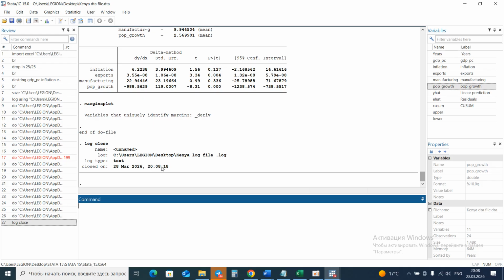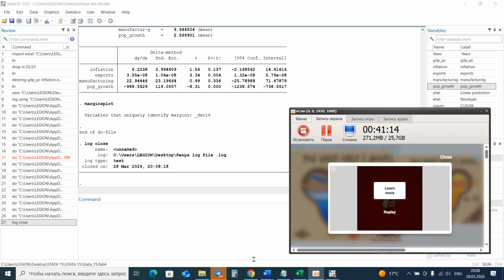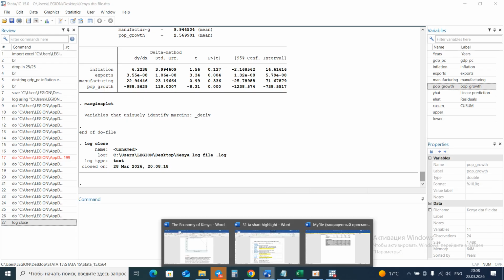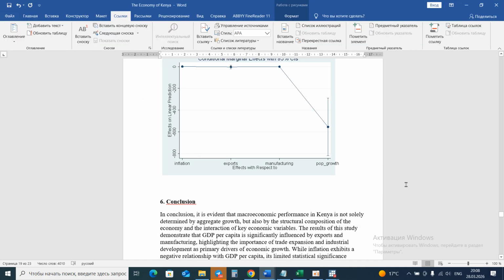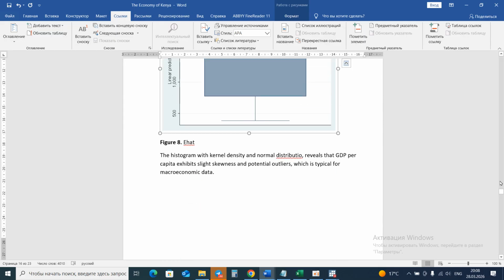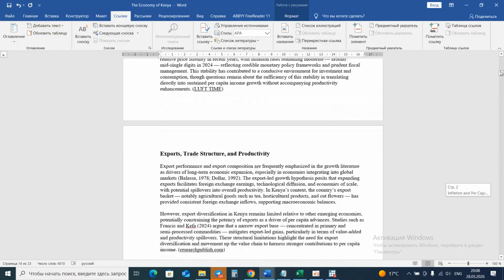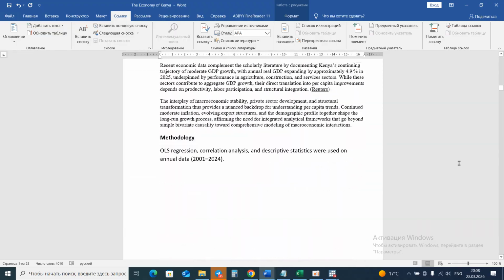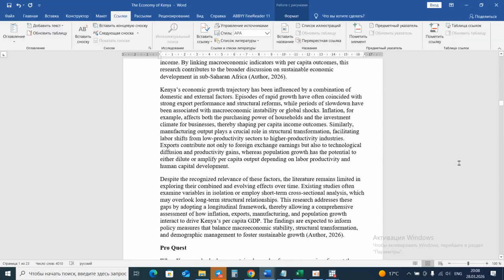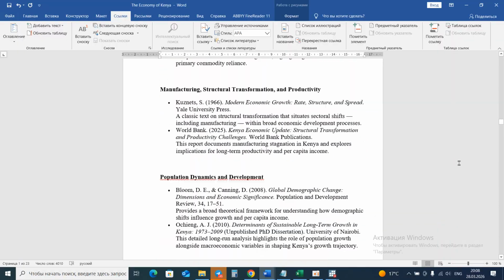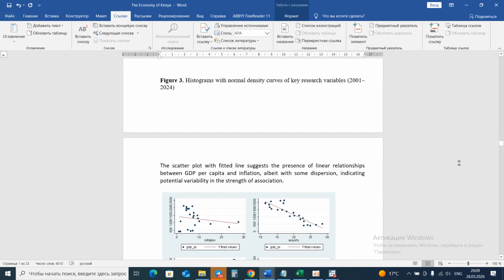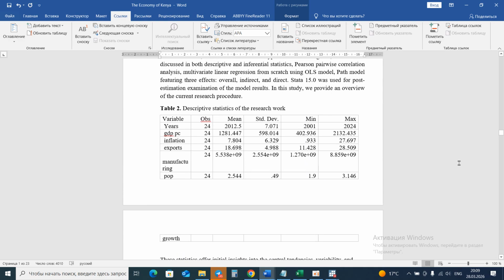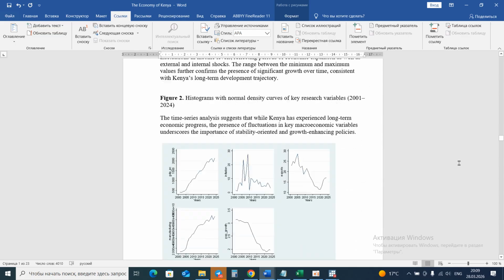So I finished it, let's say, in 1 hour. Here in my Word, you can see that I did all these commands. I also transferred them to my Word like this.